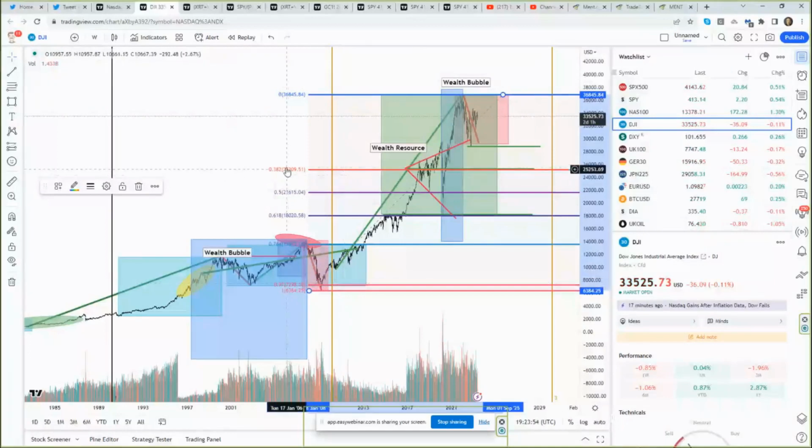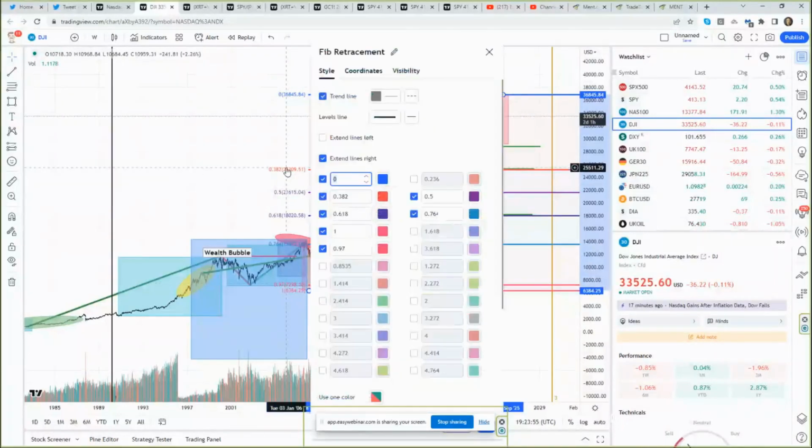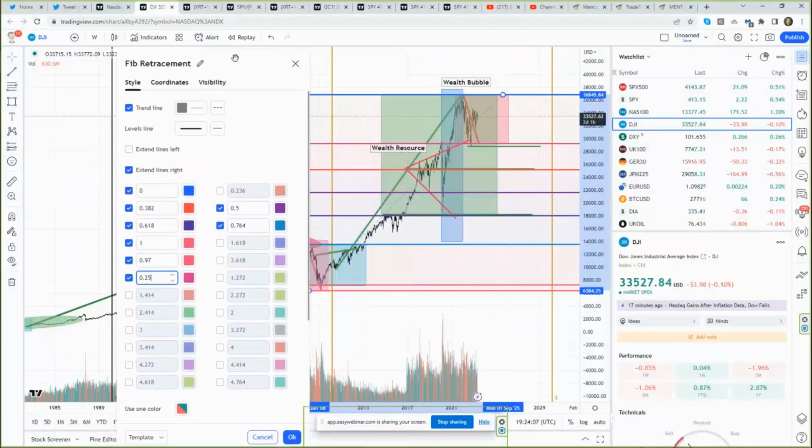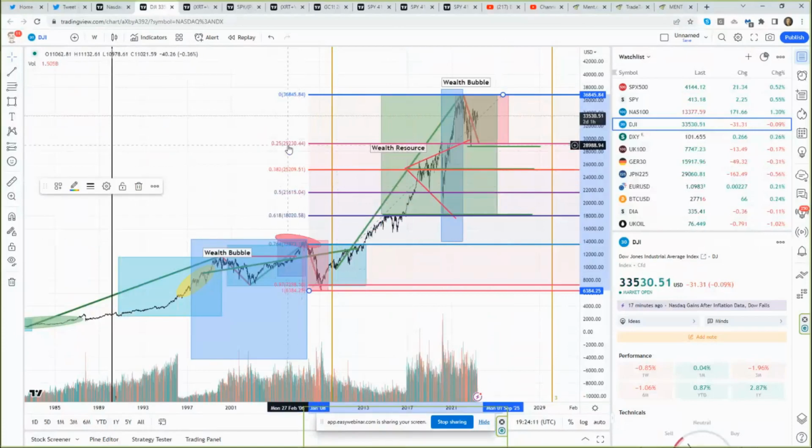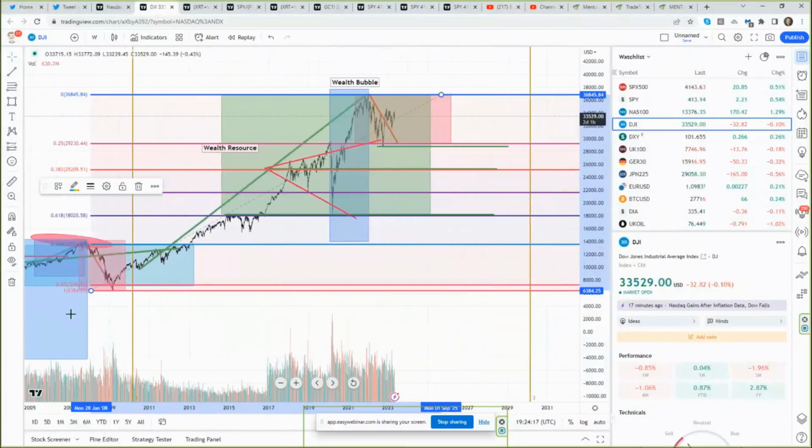So let's come in here and add, say, 0.25. And let's see if that pulls pretty close. Yeah. So we'll leave that. So here's our 25% pullback. And that aligns very closely with this recent pullback.